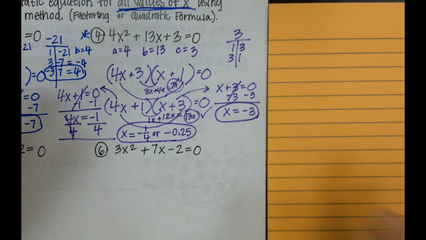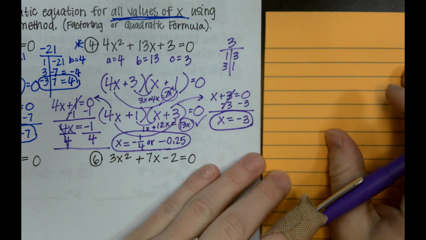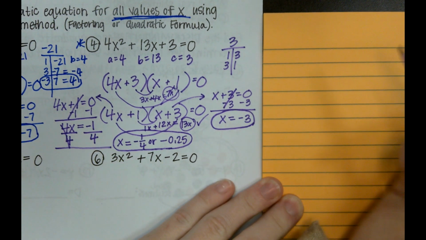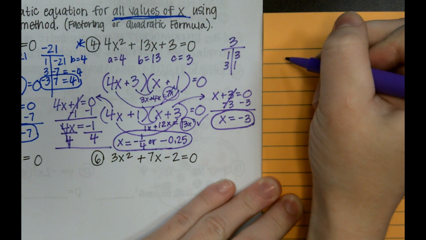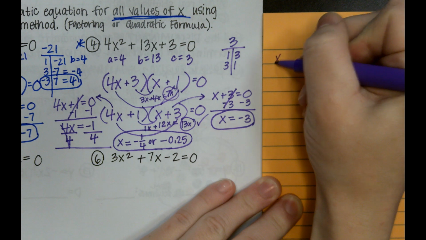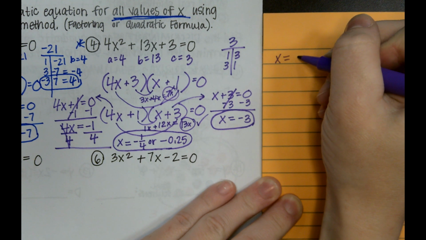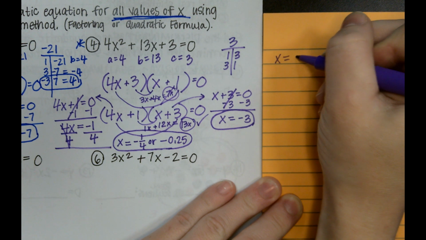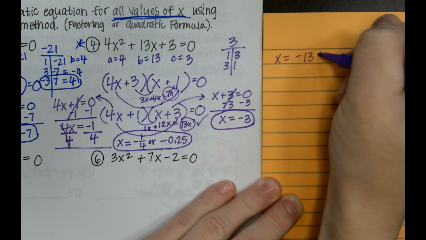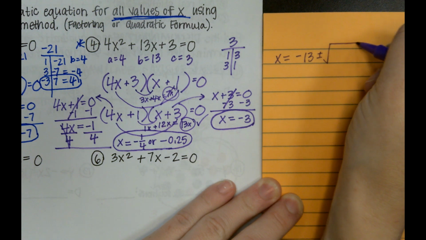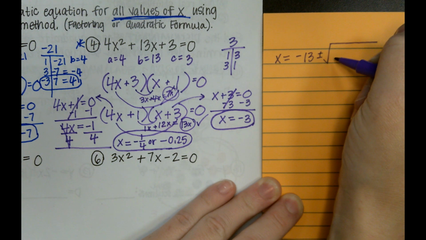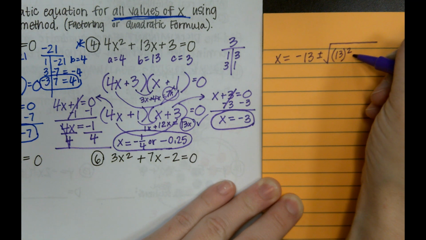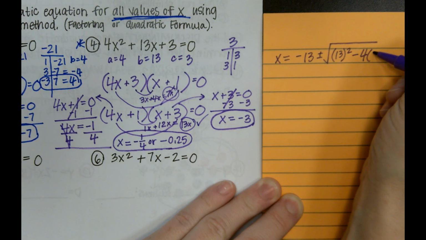So, Gabby, tell me, how did you start solving this one? Okay, so I plugged in the numbers for the quadratic, which would be negative 13 plus or minus, and then in the square root, 13 squared, and then minus 4 times 1 times 3.